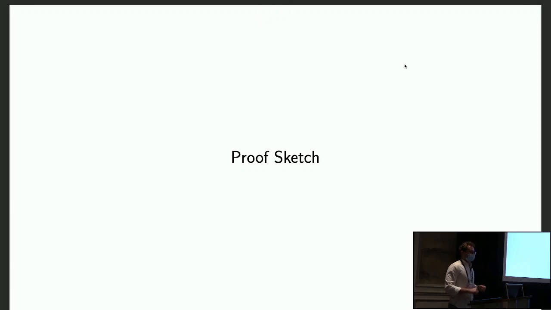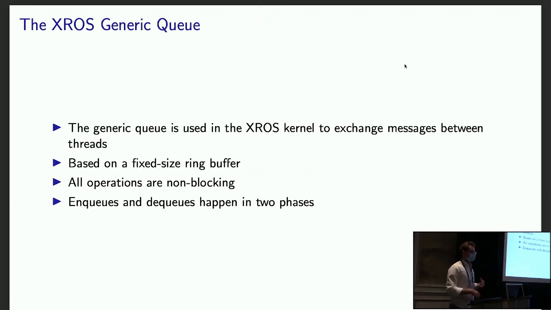OK, so let's get into a sketch of what the proof looks like. First, I'll talk about what the queue actually is. The generic queue is a queue that's used to exchange messages in this OS kernel. It's based on a fixed size ring buffer, which means you have a fixed size array in memory, and the elements of the queue wrap around in the buffer.